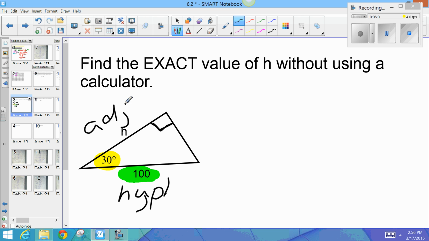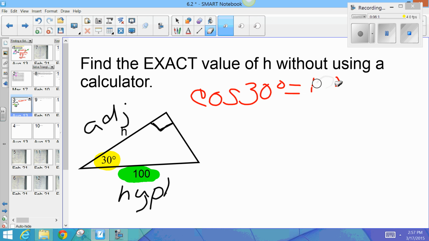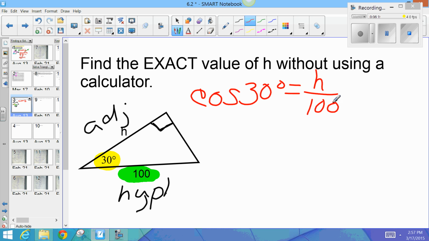So I'm going to write my equation. The cosine of 30 degrees equals 100. Oops, I got that wrong. I was just testing to see if you're paying attention. Equals h divided by 100. That's adjacent over hypotenuse.